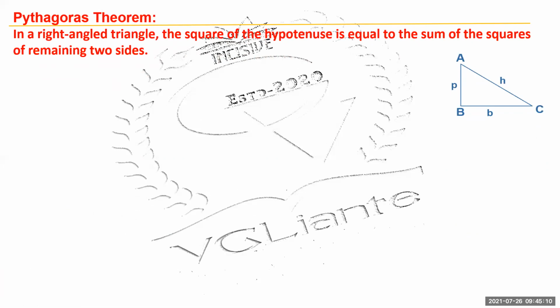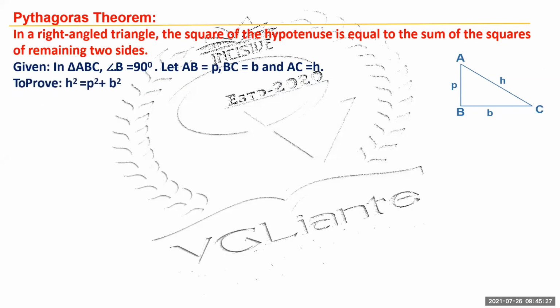Check, this is your triangle given, triangle ABC. Here you consider angle B to be 90 degrees. AB equals P, BC equals B, and AC equals H. We are assuming this to ease the way we are going to prove this theorem, so I've assumed the sides with some particular alphabets. Now you prove H square equals P square plus B square.